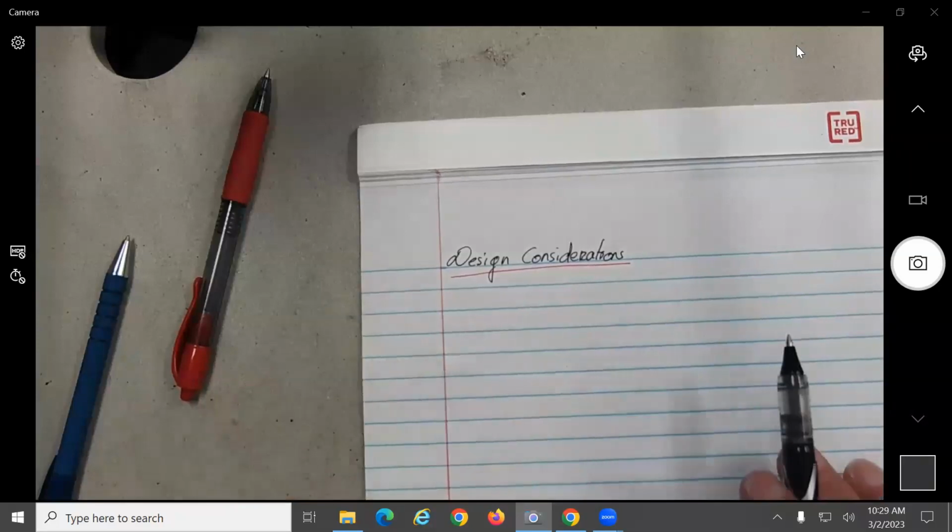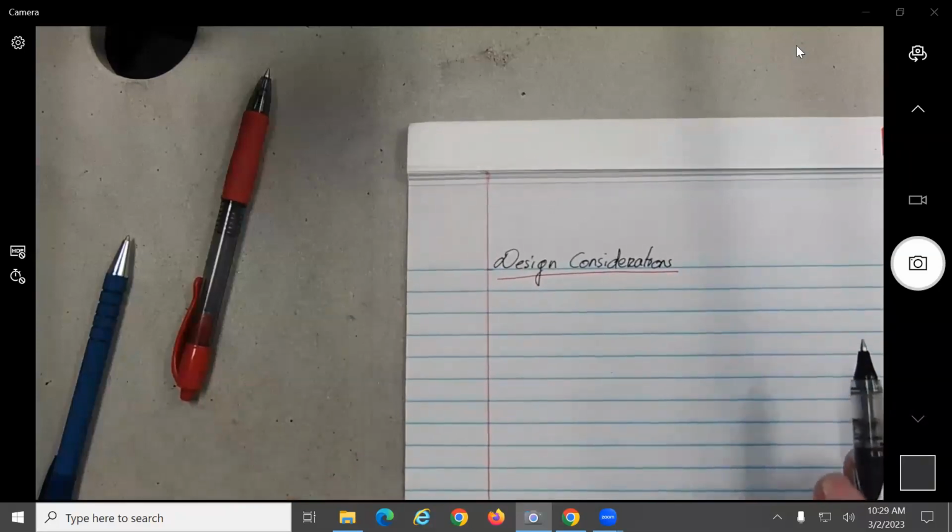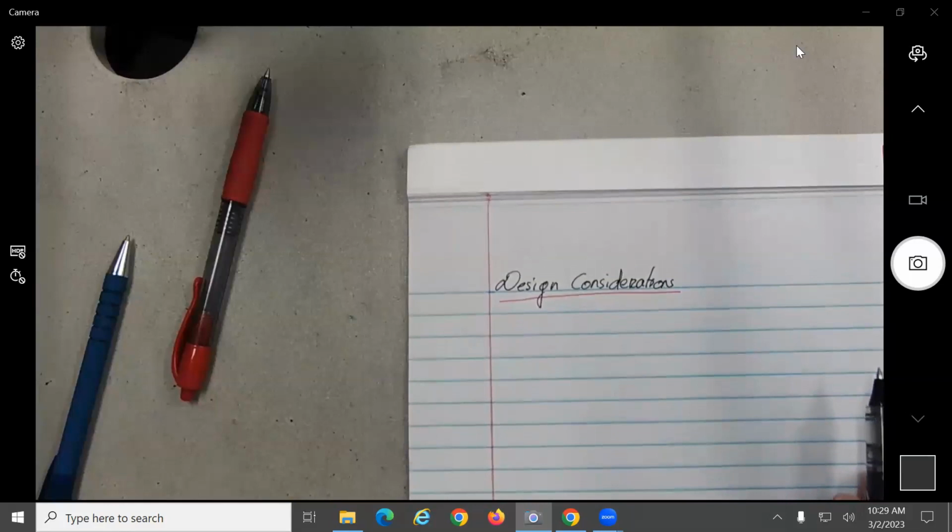Okay, so design considerations. Basically, we have learned how to find all the stresses.